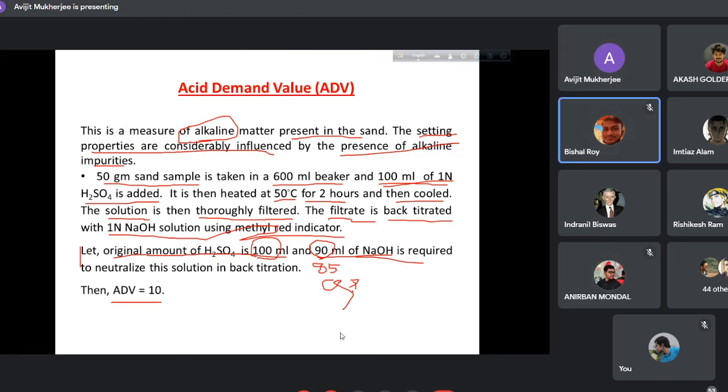Lower number. If ADV is 5 and ADV is 50, what is the meaning? Acid demand value is 5 means more amount of alkaline matter is present, only a little amount of acid is required to neutralize. On the contrary, if ADV is 50, that is alkaline matter quantity is less, more acid is required to neutralize.